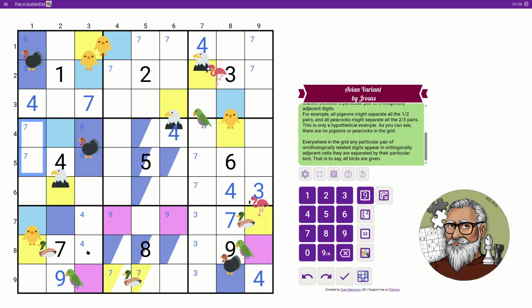Yeah, I do have most of them, but not all of them, right? Actually, this is a 4 as well. So this becomes 4 and this becomes 4. I do have them all. Good. First digit done.